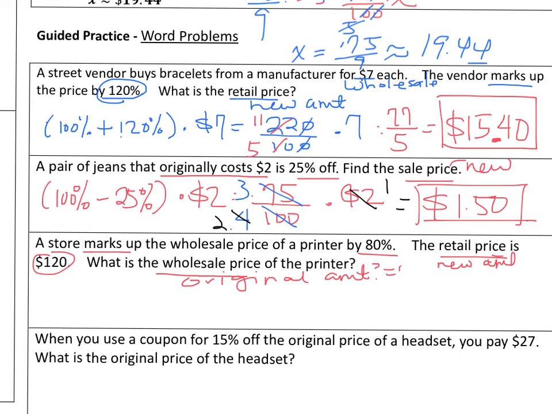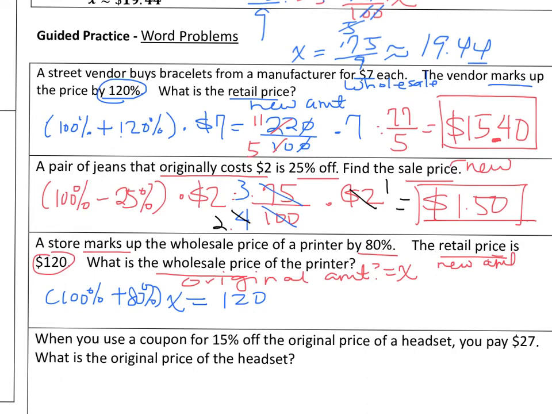Okay, we're going to let that equal x. So we can set up the equation like this: 100% plus 80% times x, the original amount, equal to the new amount, 120.